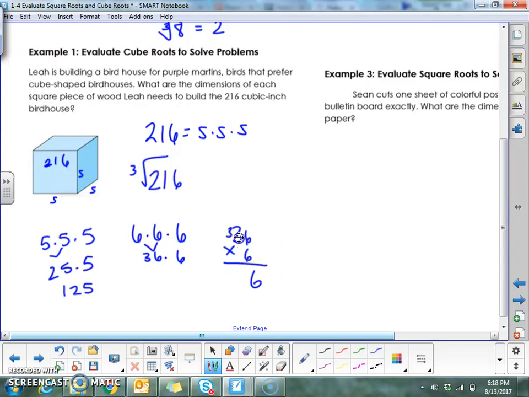And when I do that, 6 times 3 is 18, 19, 20, 21. Oh, I get 216. So the cube root of 216 is going to be 6. So Leah needs 6-inch by 6-inch pieces of wood.